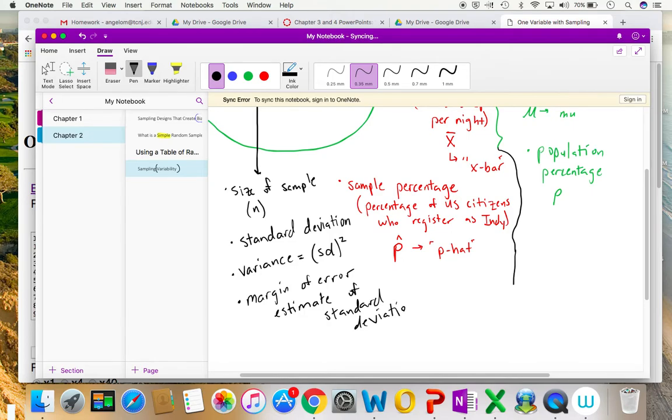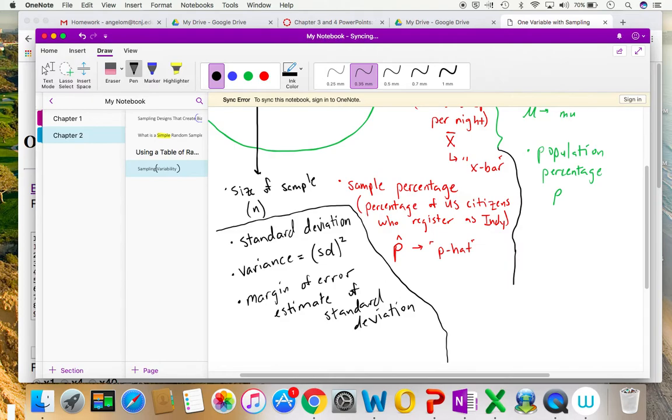With all of these measures, standard deviation, variance, and margin of error, everything we drew in black except for sample size, typically the larger the number, the more varied your data is, or the higher the variance is.